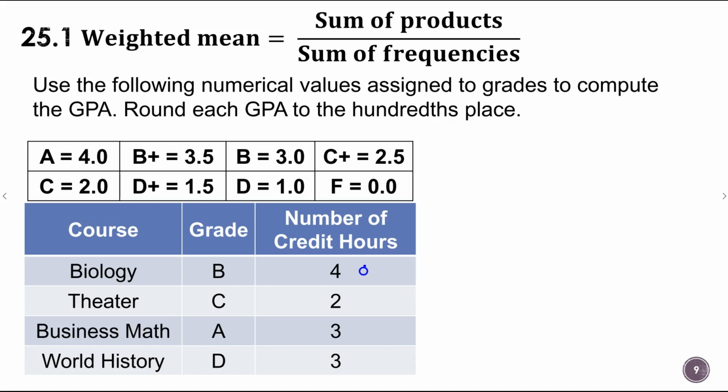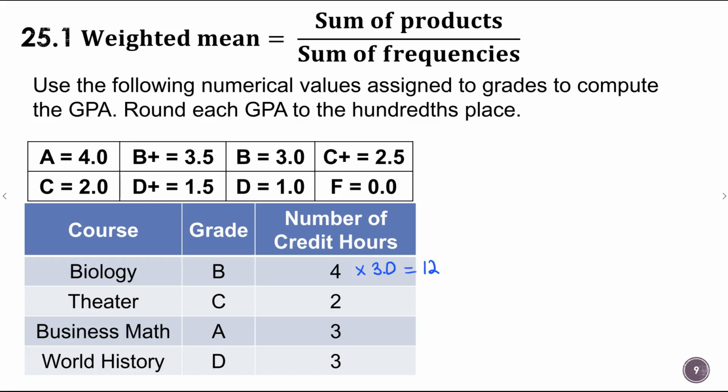I like to write this out with the point 0, times 3.0. You can tell 4 is the number of credit hours, and a B's worth 3.0 points per credit hour. So for each credit hour, you get 3 points, and for that one we're going to have 12 points.